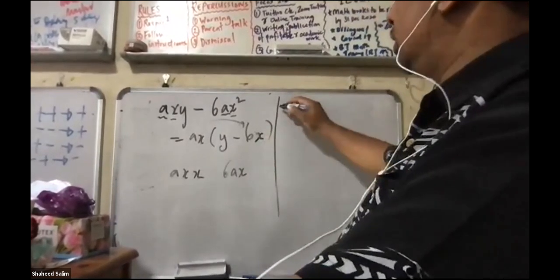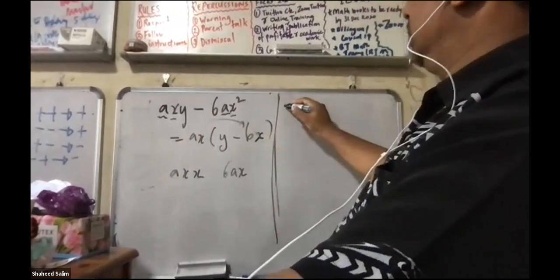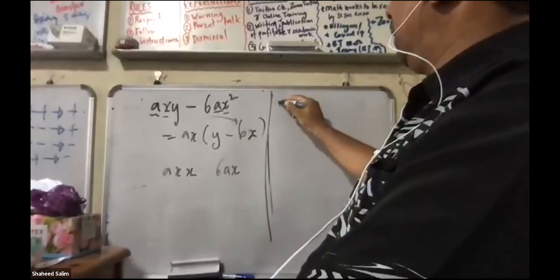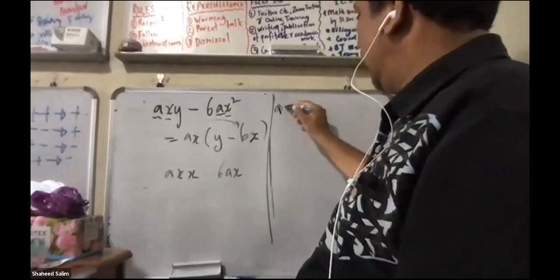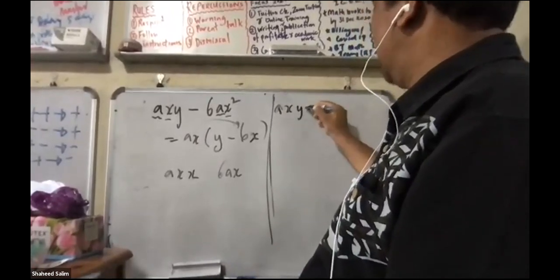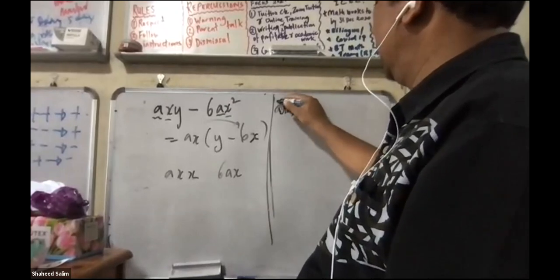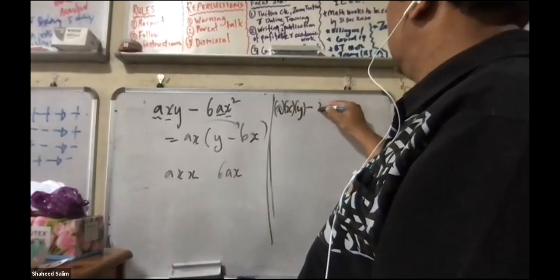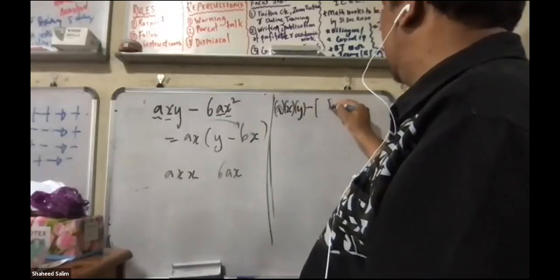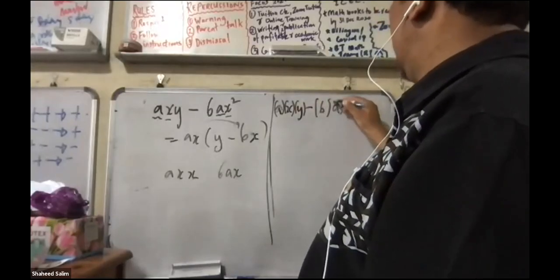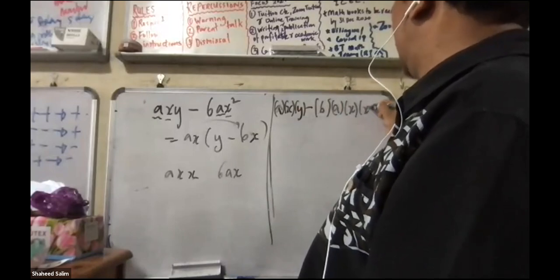This is where now your teacher's breakdown is very good. Your teacher's breakdown now here: a times x times y minus a bracket. Now here 2 times 3, actually we don't need, we put 6 down here because there's no number there. 6 times a times x times x.